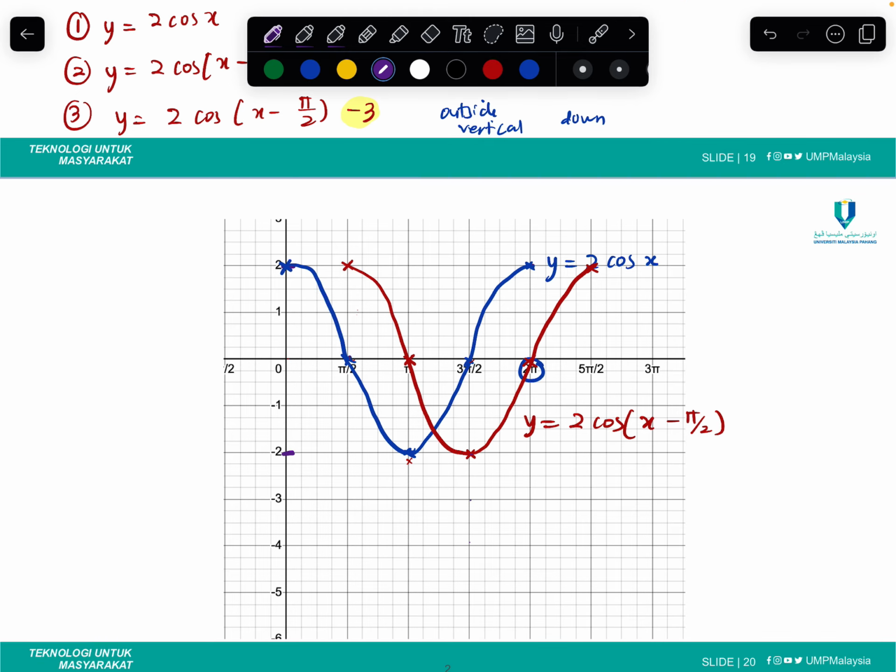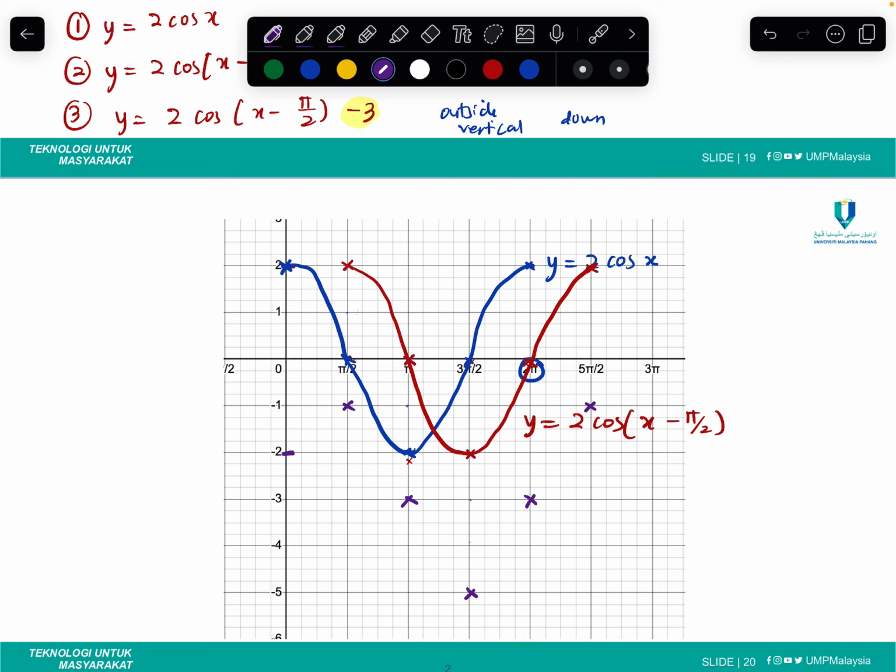So 1, 2, 3, this is the new point. So for this point, 3 units as well. 1, 2, 3, this is the new location, okay? And then this one moves 3 units, 1, 2, 3, here.